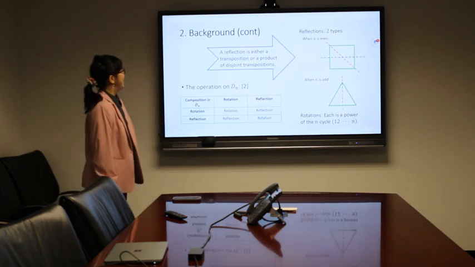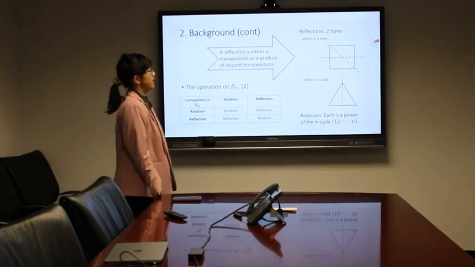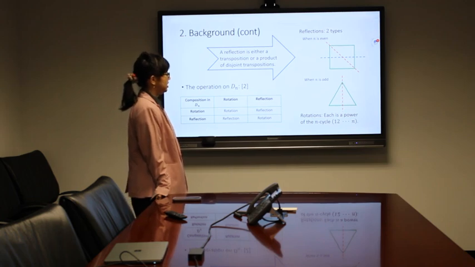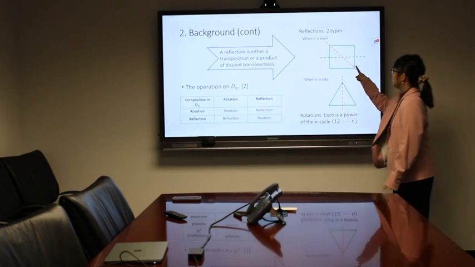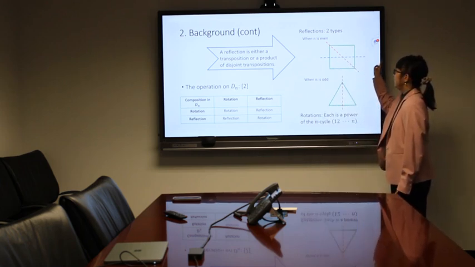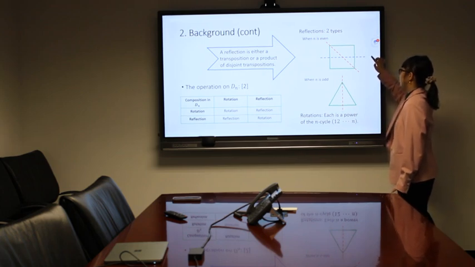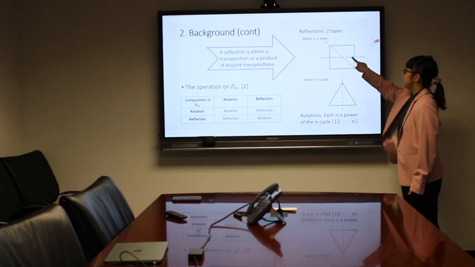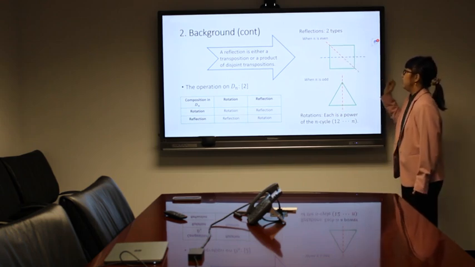When n is even, we have two types of reflection because we have two types of reflection lines. The first line goes across two opposite vertices of the regular n-gon, and the second type of reflection line goes across the midpoints of two opposite edges.